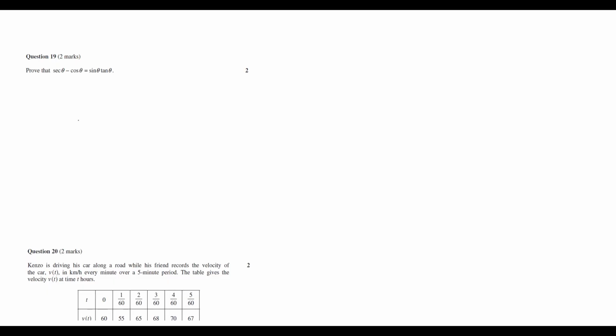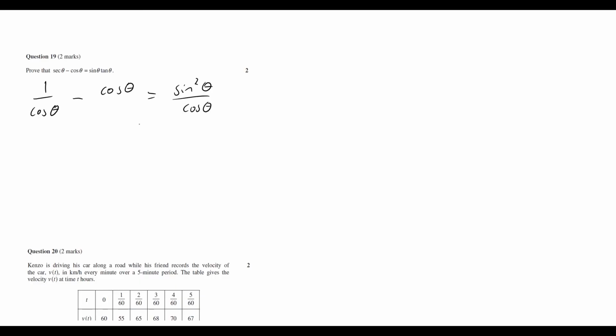Now for question 19, prove that sec theta minus cos theta equals sine theta tan theta. So what I think we need to do for all these sort of questions is to write it out in just sine and cos, so that way you can really see what's going on. So sec theta is just going to be 1 over cos theta, minus cos theta equals, so sine times tan is going to end up being sine squared theta over cos theta.